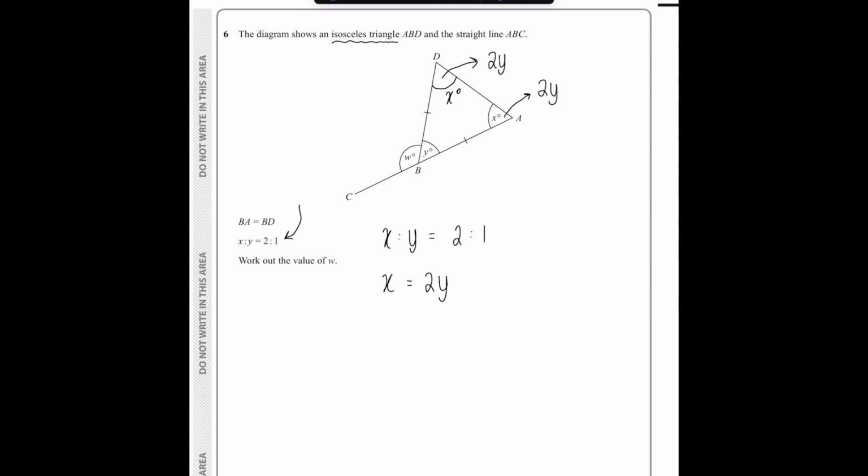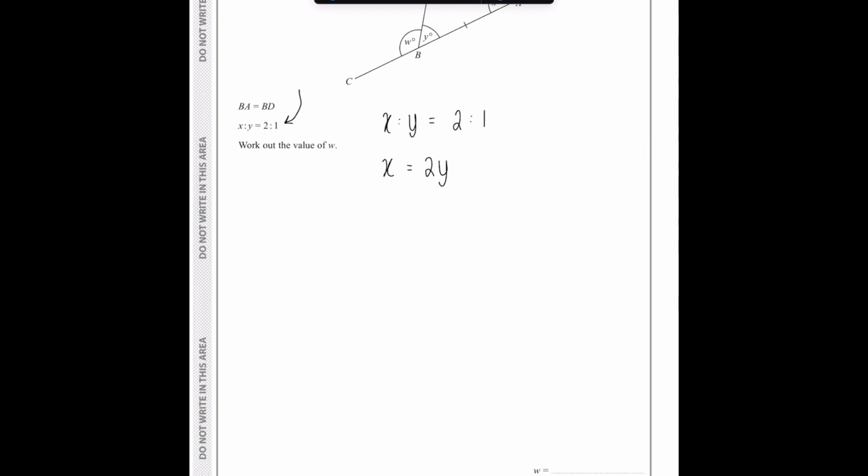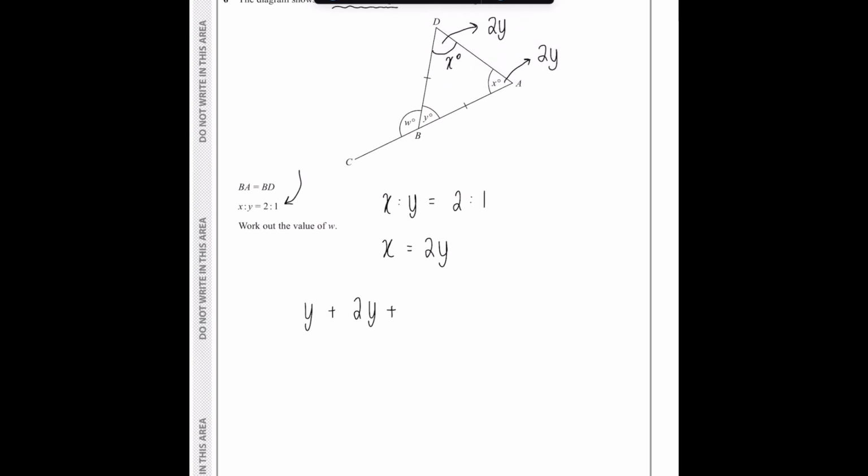Now something we know about triangles is all of their angles add up to 180 degrees. So we have 3 angles now. We have an angle labeled Y, we can add another angle labeled 2Y, and we can add a third angle labeled 2Y again. And that has to be equal to 180 degrees.